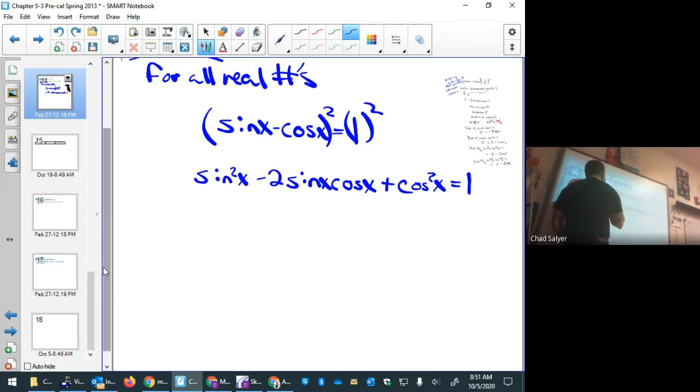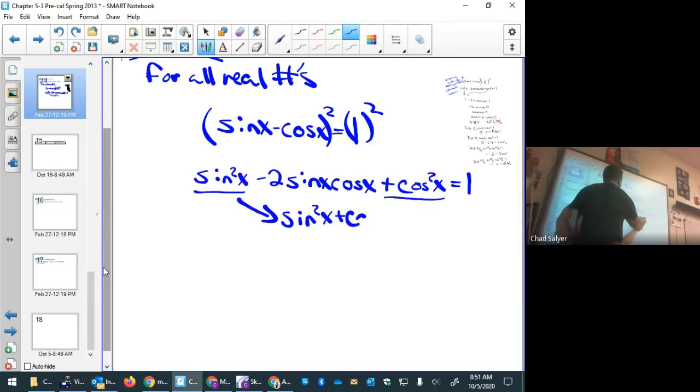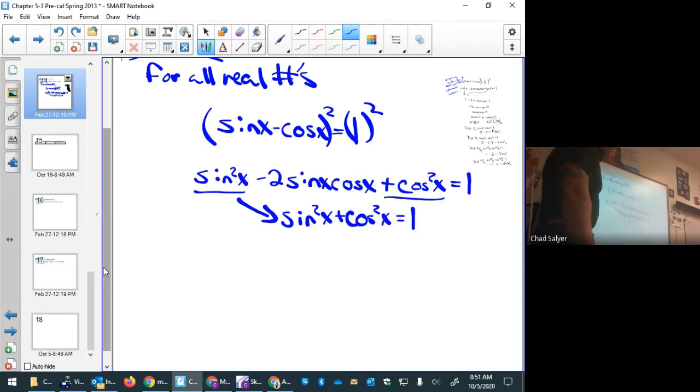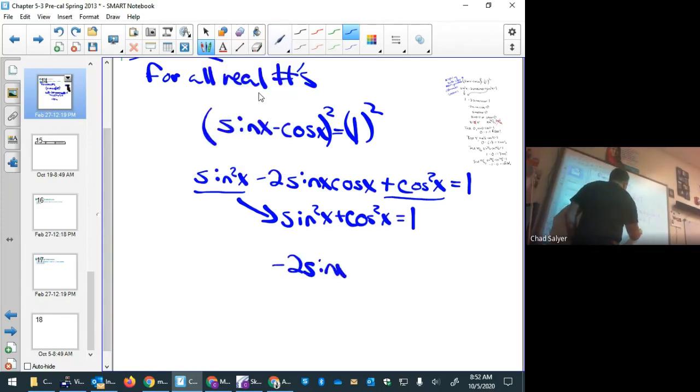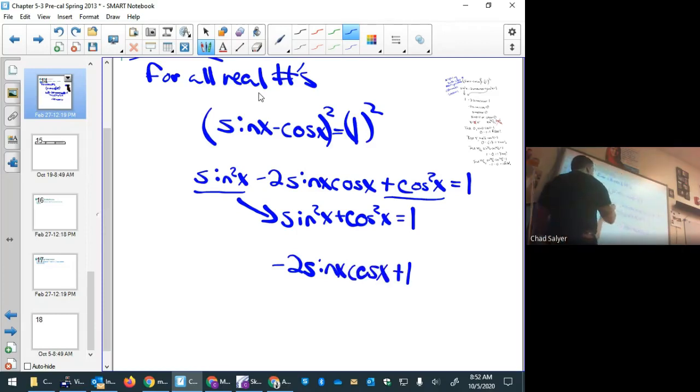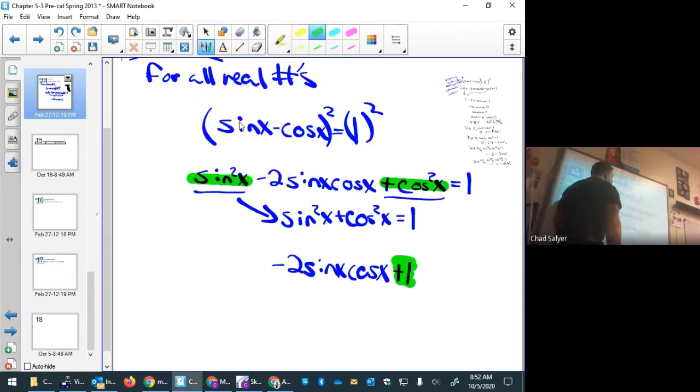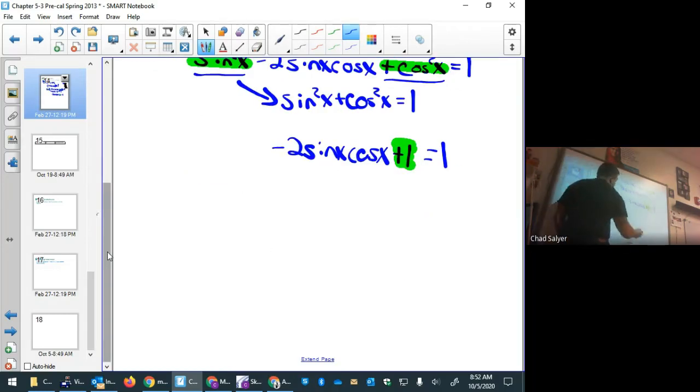So here's the thing. Sine squared x plus cosine squared x, see how I can substitute 1 for those? So I get -2 sine x cosine x plus 1, because sine squared x plus cosine squared x becomes positive 1, equals 1. Stay with me, guys.